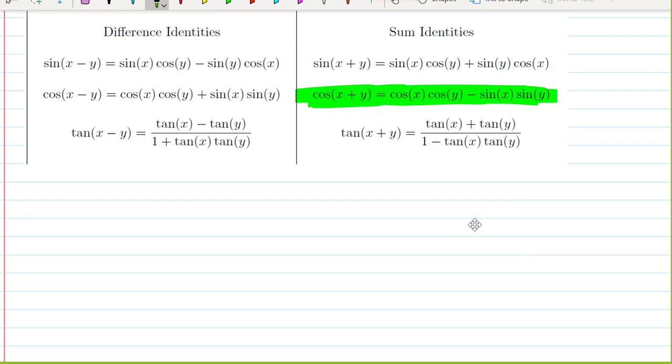The cosine of x plus y is equal to the cosine of x times the cosine of y minus the sine of x times the sine of y.